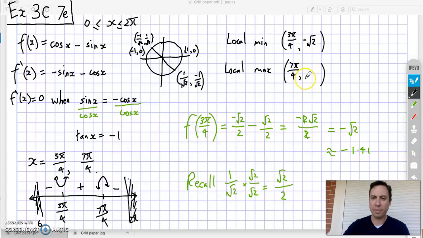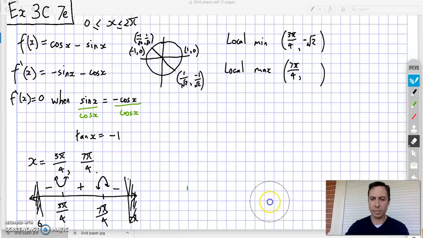Okay. Now, my bet is that that one's going to be plus root 2. What do you think? So let's double check it though. What does the function spit out when I put in an x equal to 7 pi on 4?